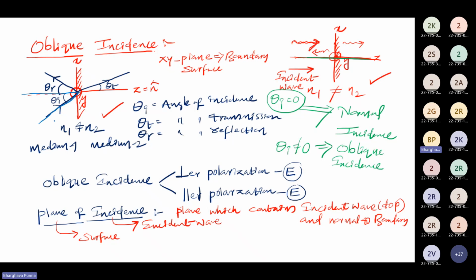Which plane is the screen: the XY plane, the YZ plane or the ZX plane? Exactly, the XZ plane. The screen is the XZ plane. That means the plane of incidence is the XZ plane. In this particular example, whatever diagram I have taken, the XZ plane is the plane of incidence.